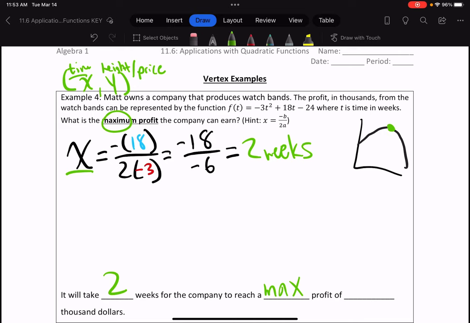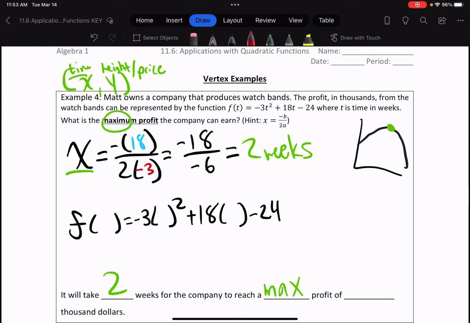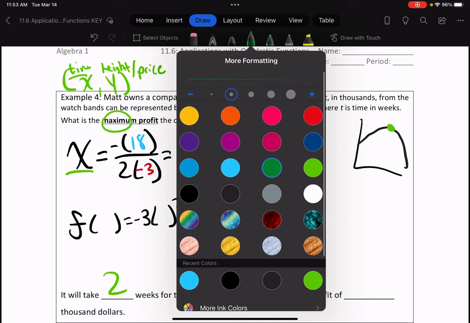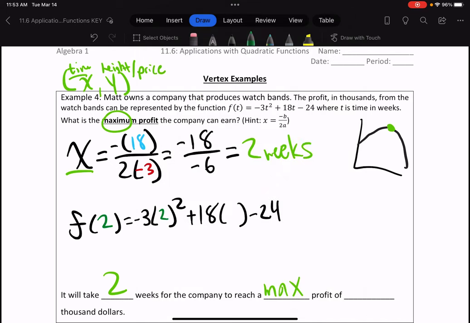So now I'm going to take that 2 and I'm going to substitute it into the initial formula. So I've got f of 2 equals negative 3 times 2 squared plus 18 times 2 minus 24, where I'm just substituting that value of 2 in everywhere I have a t.